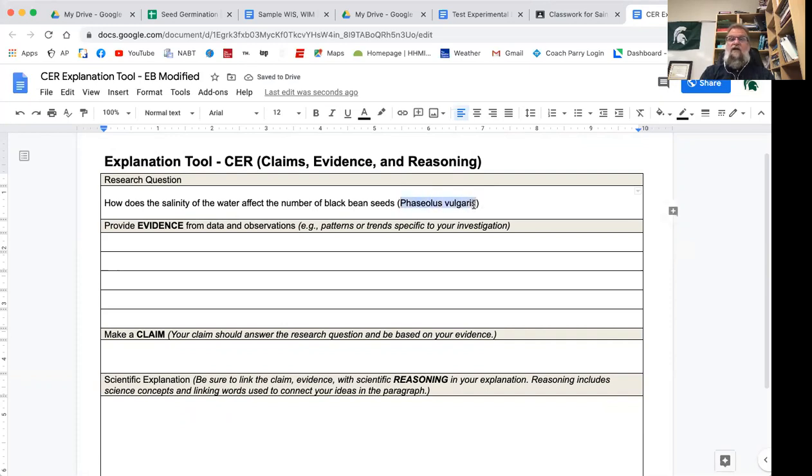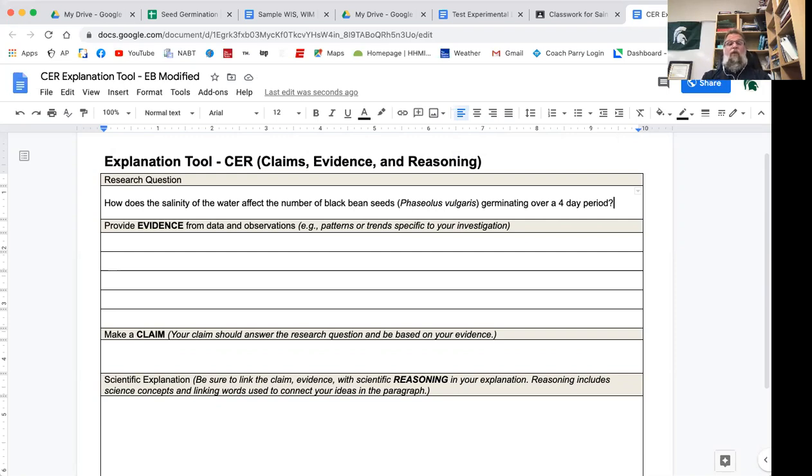And you should always italicize the scientific name. First, the genus name, the first word is always capitalized. The second is lowercase. How does the salinity of water affect the number of black bean seeds germinating over a 4-day period? And of course, the question, so put a question mark. So that we put in.